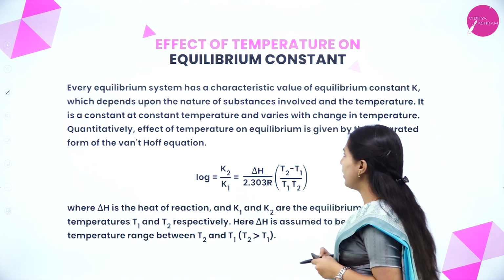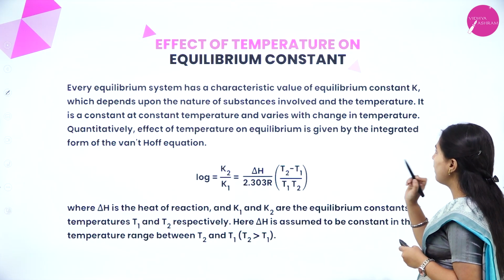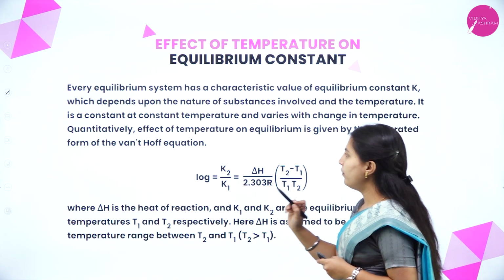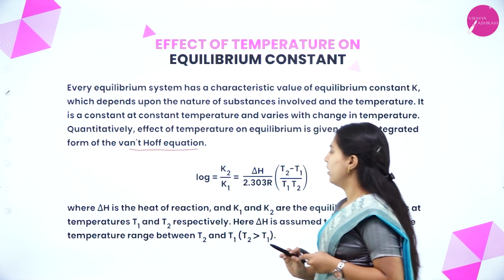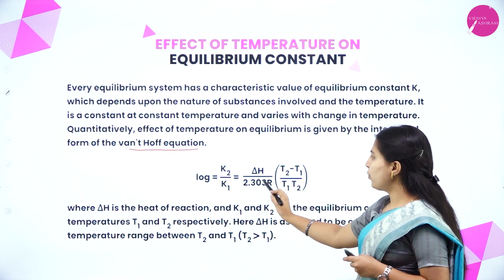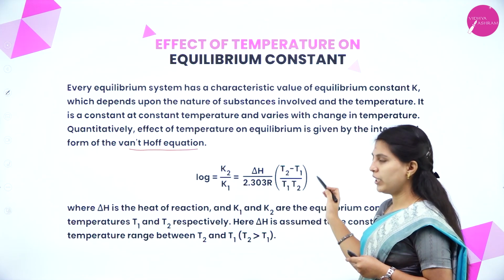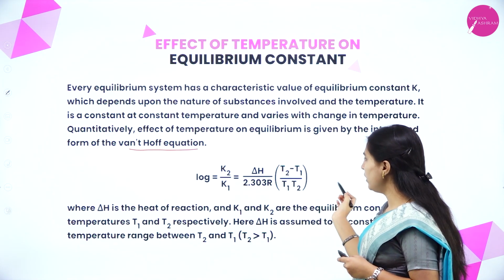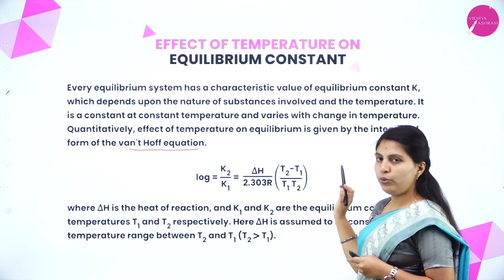Quantitatively, the effect of temperature on equilibrium is given by the integrated form of the Van 't Hoff equation. Log K2 by K1 equals delta H by 2.303 into R, into T2 minus T1 divided by T1 into T2.